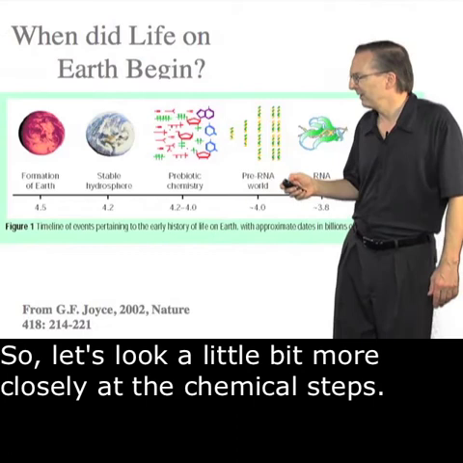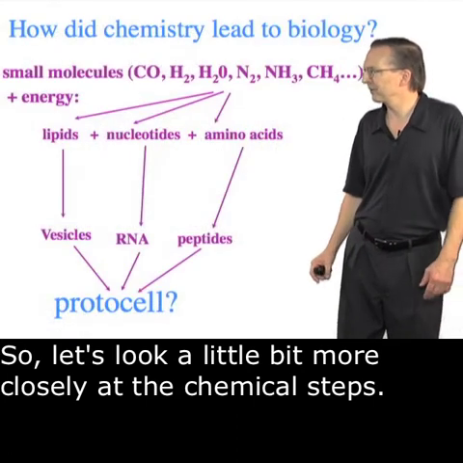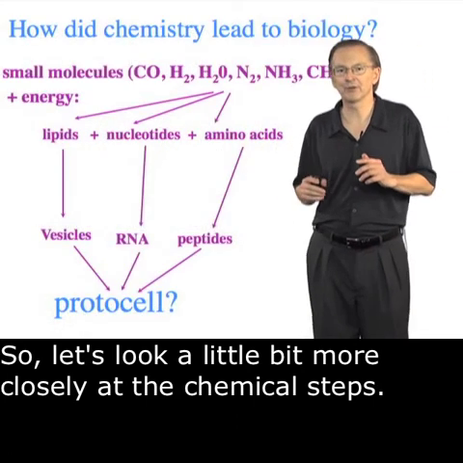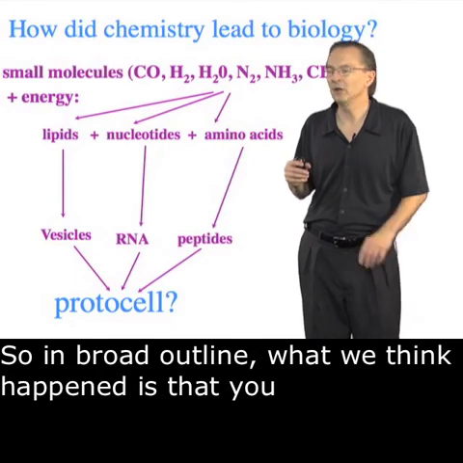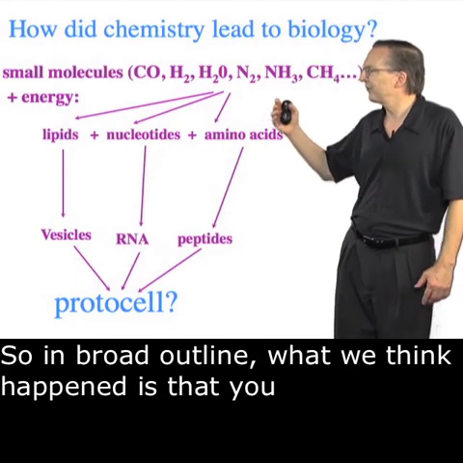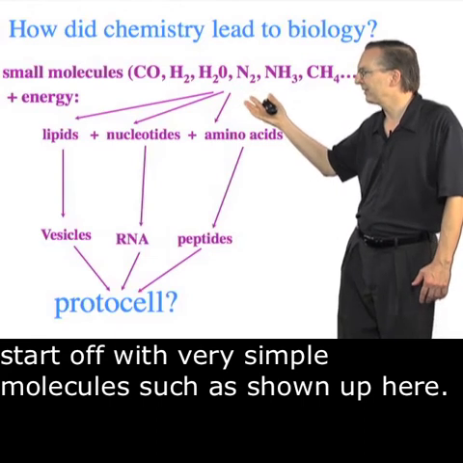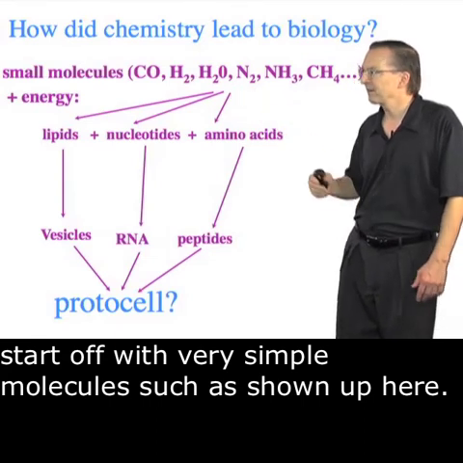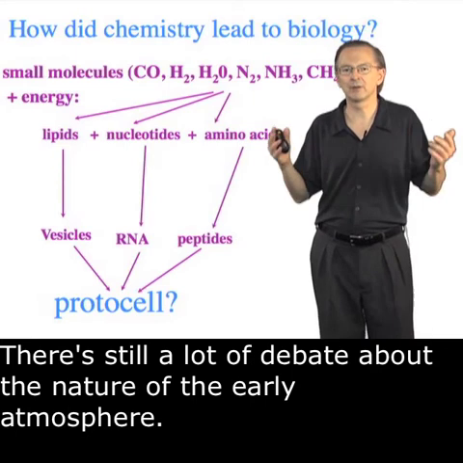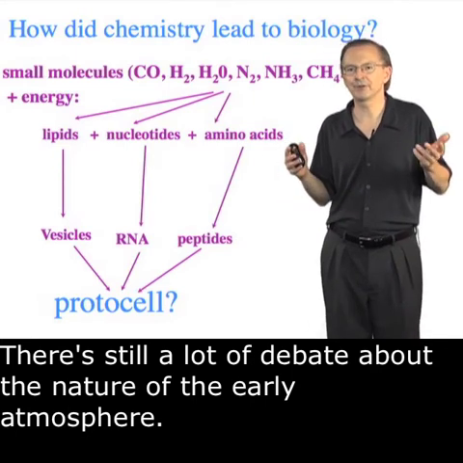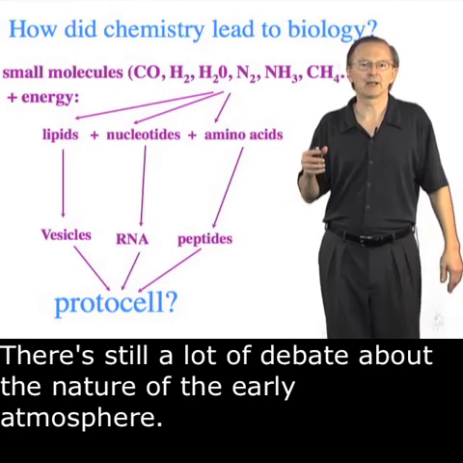Okay, so let's look a little bit more closely at the chemical steps. So in broad outline, what we think happened is that you start off with very simple molecules, such as shown up here. There's still a lot of debate about the nature of the early atmosphere.